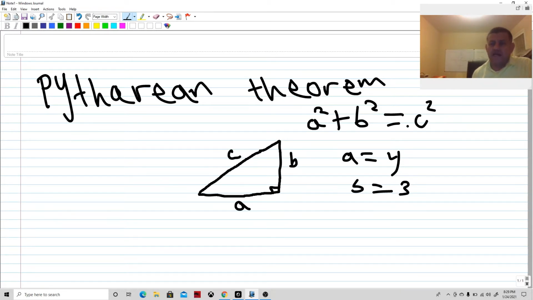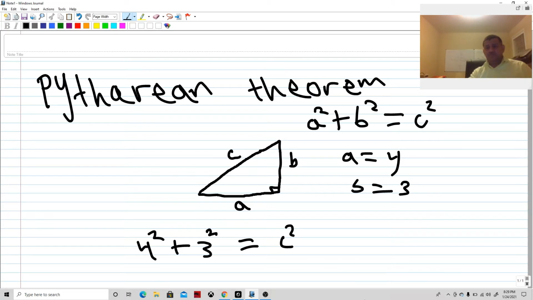And we need to find C. So here what we'll do is we say, okay, A is 4, so we do 4 squared, and B is 3, and then 3 squared is equal to C squared, right?